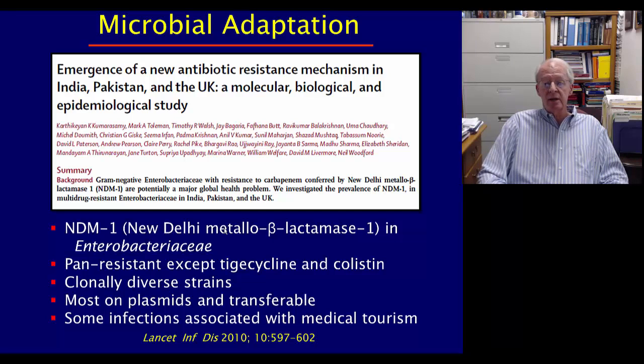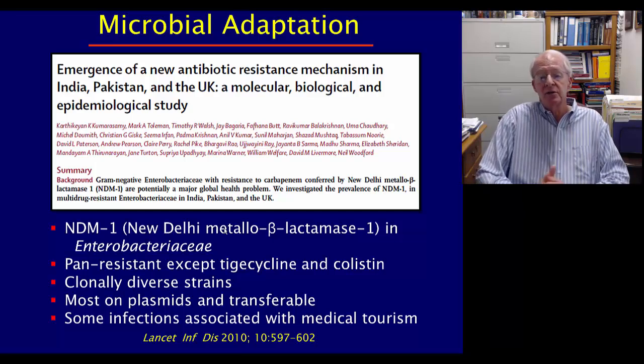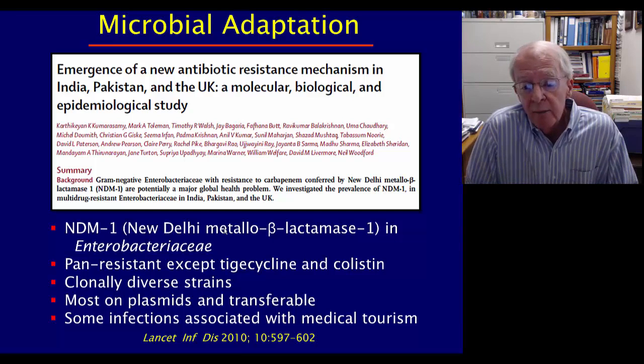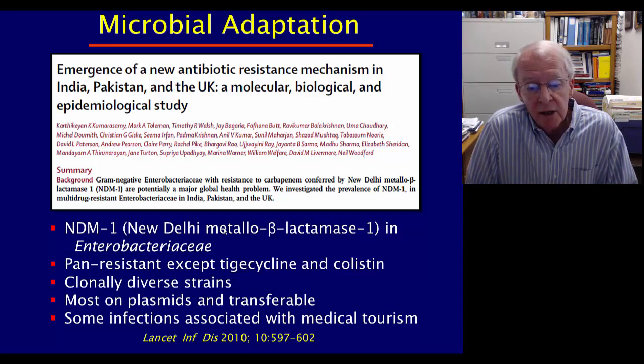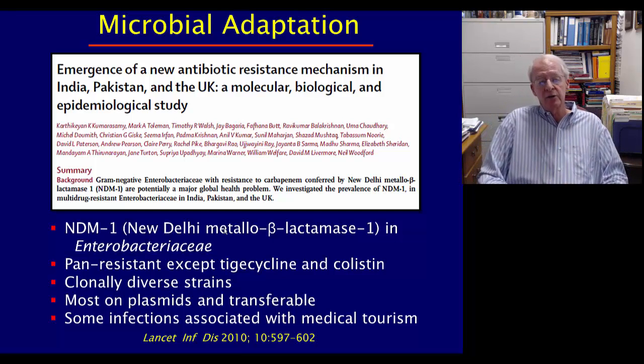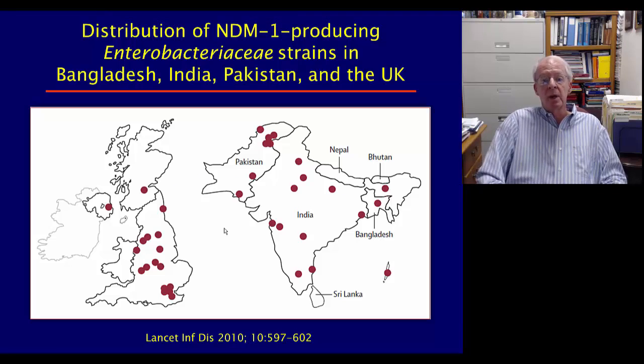Actually, it's a broadly active beta-lactamase that's effective against all available antibiotics except tigecycline and colistin. This is present in a clonally diverse array of bacterial strains. The gene is found primarily on plasmids and is transferable. And some of these infections have been associated with what is called medical tourism.